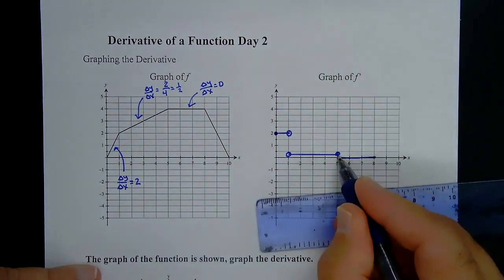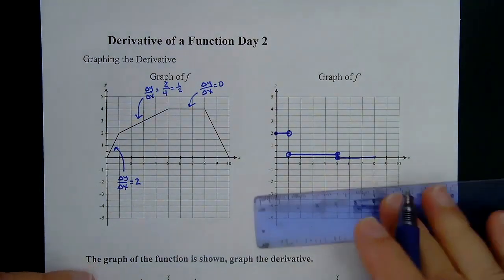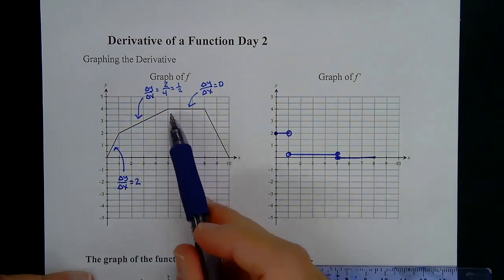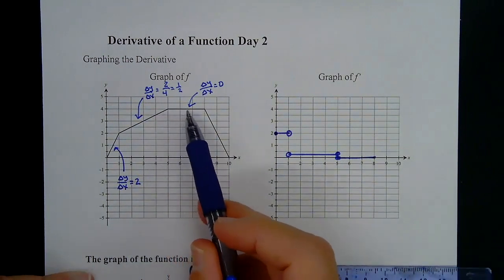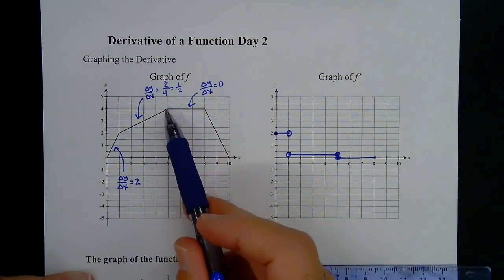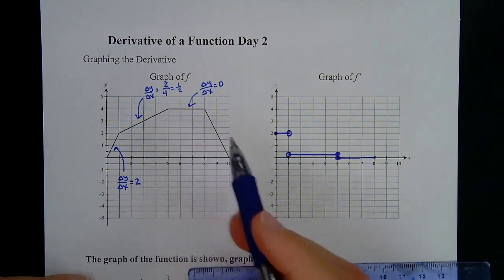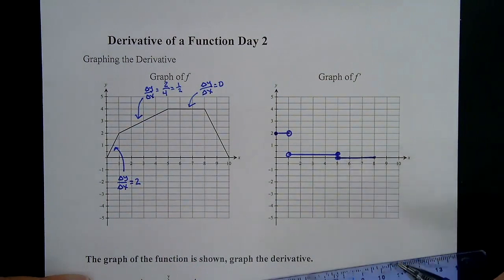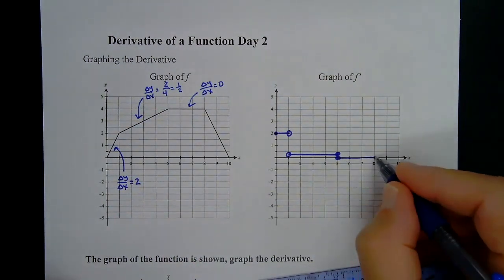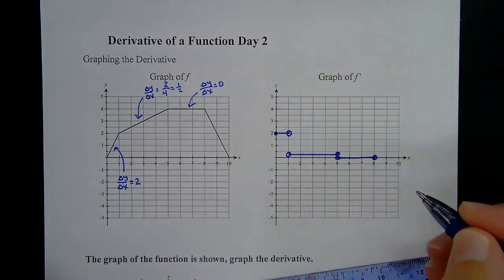And once again, we wouldn't be calculating it at the endpoint. We can't have a slope right there, because from the right side it's 0, but from the left side, as we approach this x value, it's going to be 1/2. So those are two different values, and that's why there's this jump discontinuity right there. And this is also going to be open right there at 8.